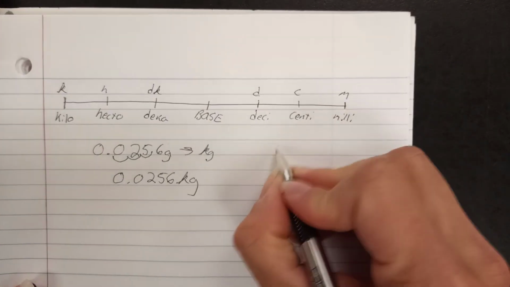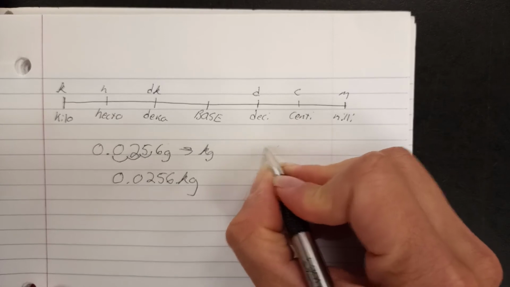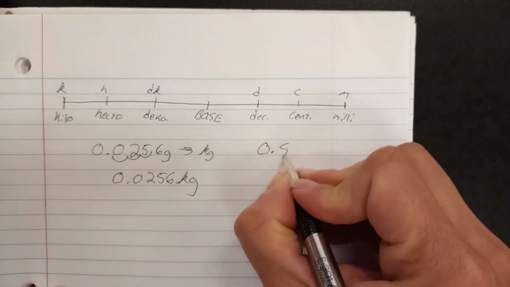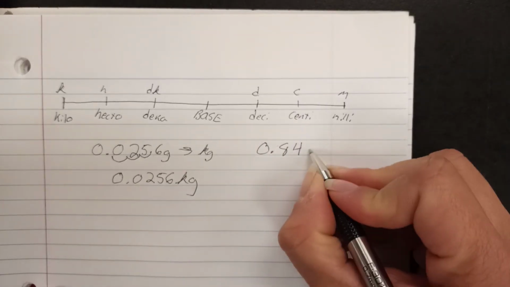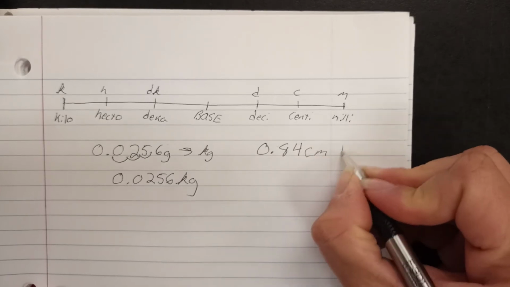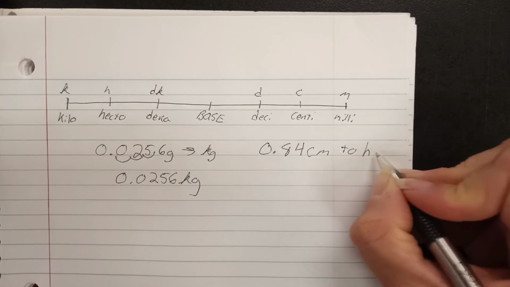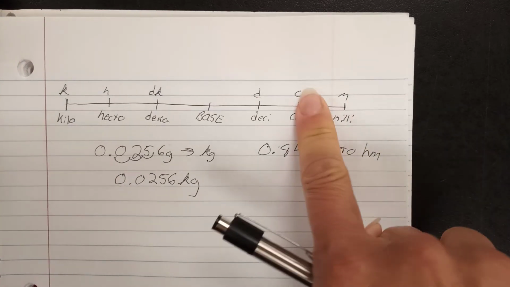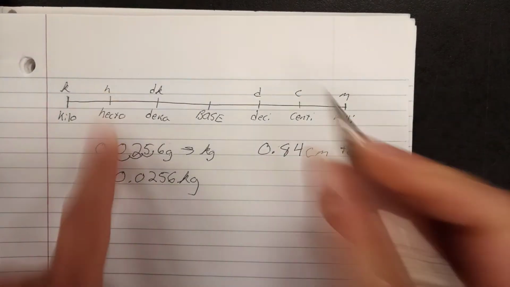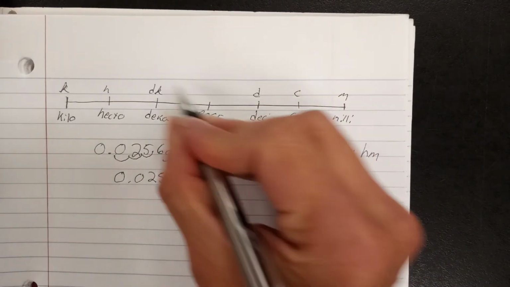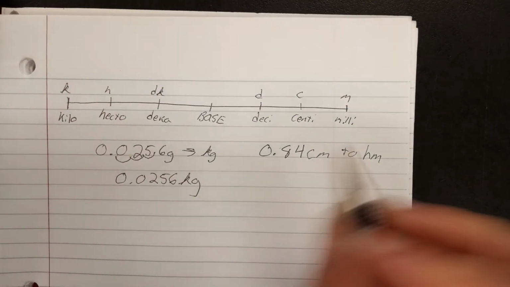Okay, we'll do a second example. If I want to take 0.84 centimeters to hectometers, we put our finger on centi, hecto, we're going to go 1, 2, 3, 4 spaces to the left.